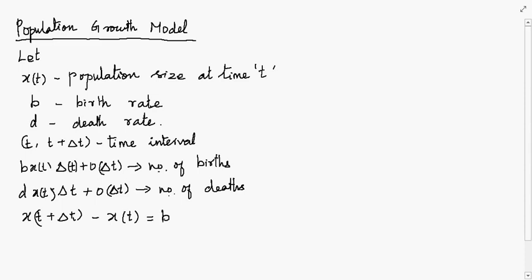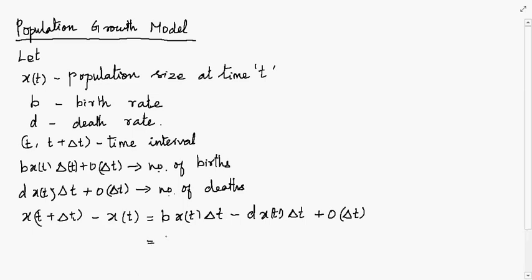So it is b x of t delta t minus d x of t delta t plus order of delta t. This order of delta t is an infinitesimal quantity which tends to 0 as delta t tends to 0.